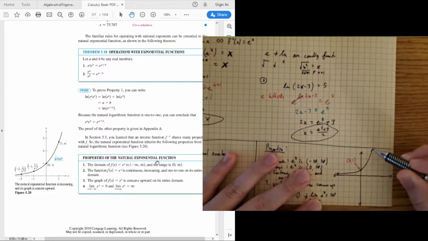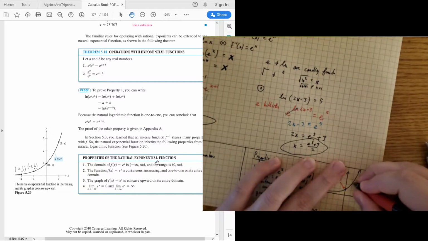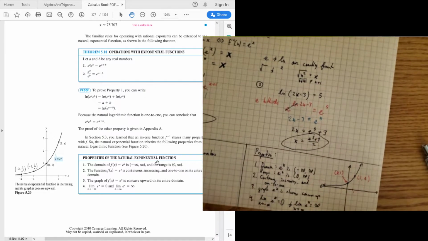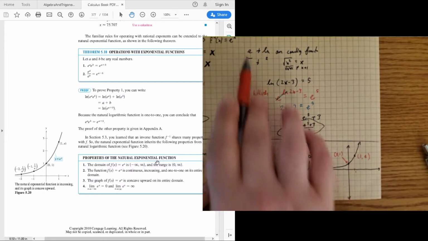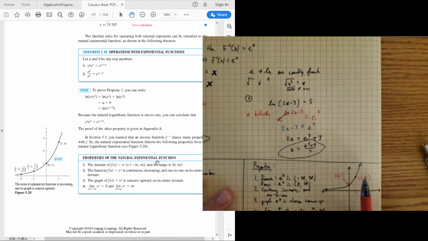Because it's an exponential, it's going to go there very quickly. Another really important point is the point (1, e), which makes sense, because if we plug in 1 to the original equation, we get e to the first power, which is just e by itself.